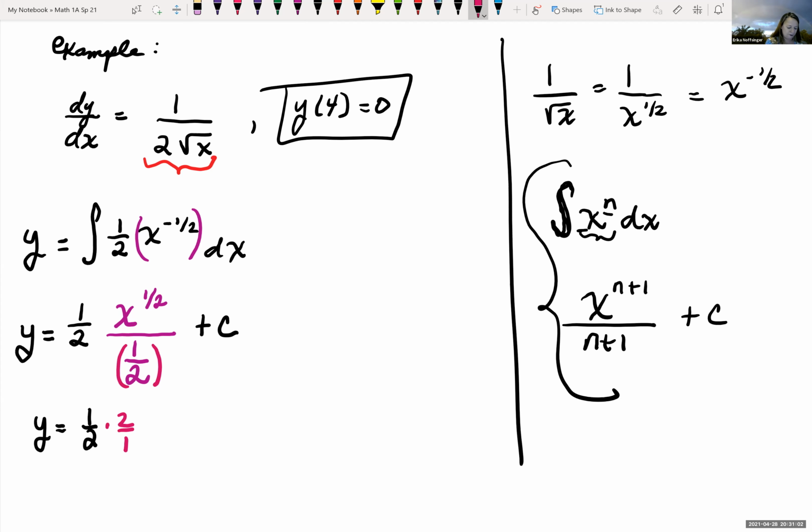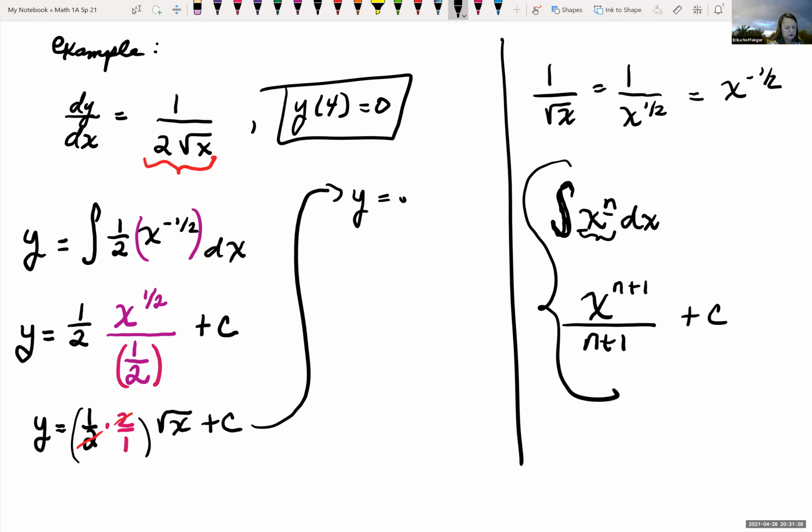I'm just going to put it in front, because these are my coefficients. And then x to the 1/2 power, which is the same thing as the square root of x, plus c. So our 2's cancel. Nice. And we get y is equal to the square root of x plus c.